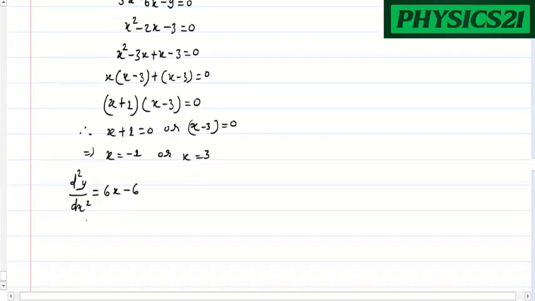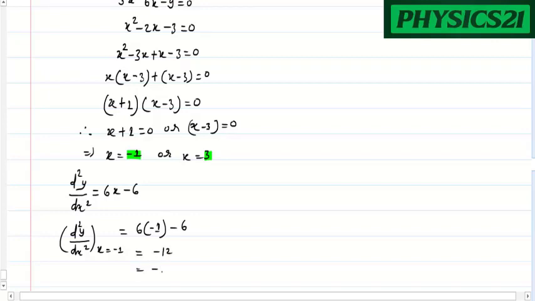In the next step, we will calculate its value for these two values of x. d2y divided by dx squared when x is equal to minus 1: its value will be 6 times minus 1 minus 6. So we get minus 12.